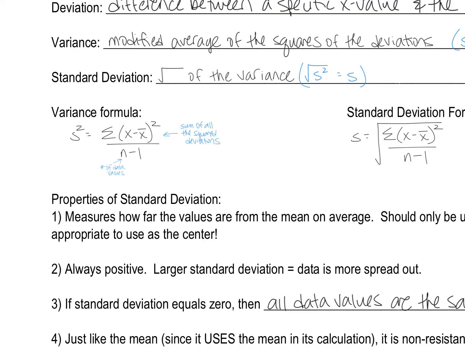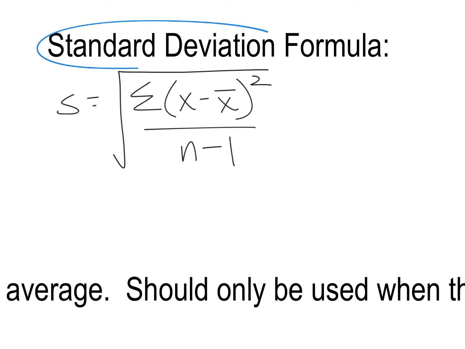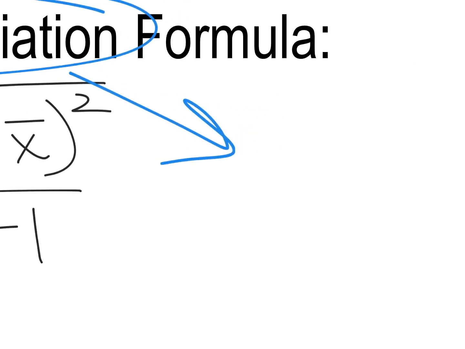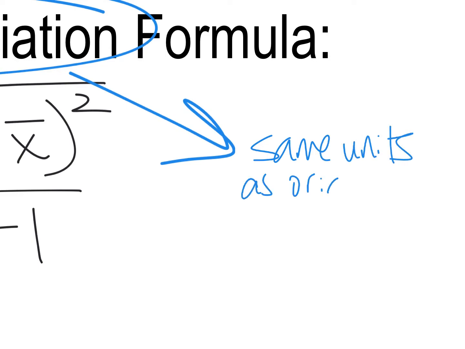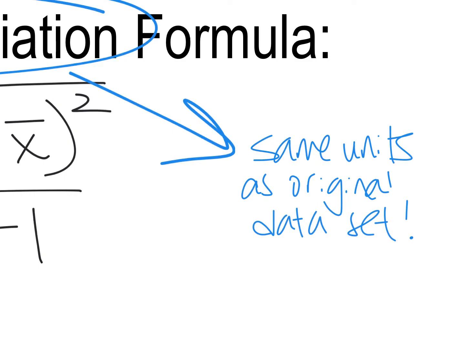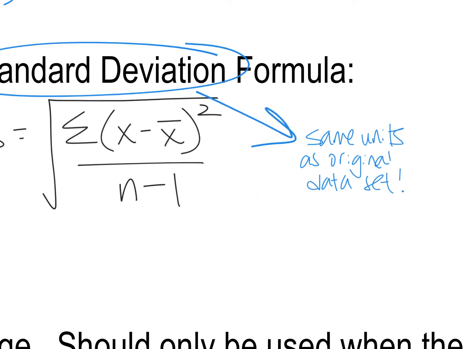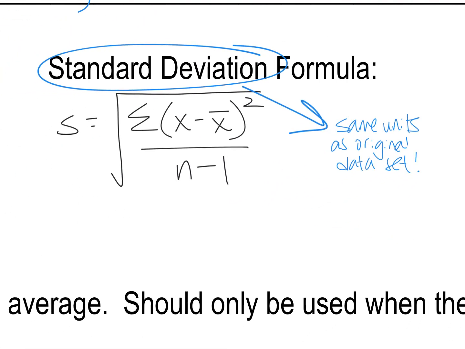One other thing I want you to make a note about is that the standard deviation has the same units as the original data set. So if you're measuring something in feet and you're wanting to know how tall everyone is, I guess, maybe that would be inches, then your standard deviation is also inches.